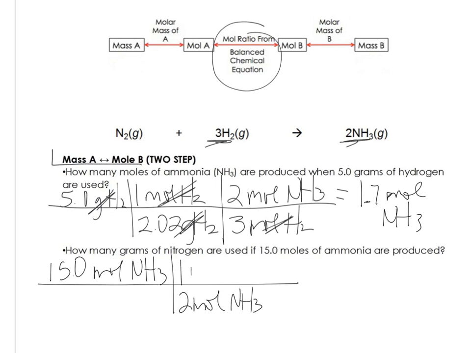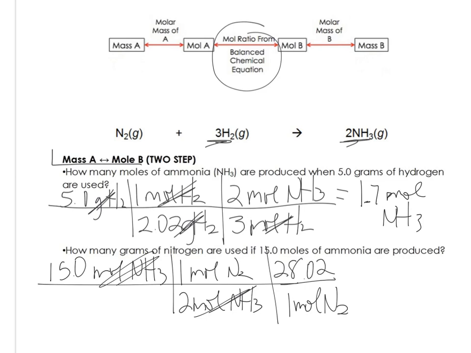So I have 1 mole of nitrogen, but they want grams, so I've got to keep going. For every 1 mole of nitrogen, it's 28.02, I think. I hope. And so with sig figs, 3, I guess it'd be 210 grams of nitrogen.